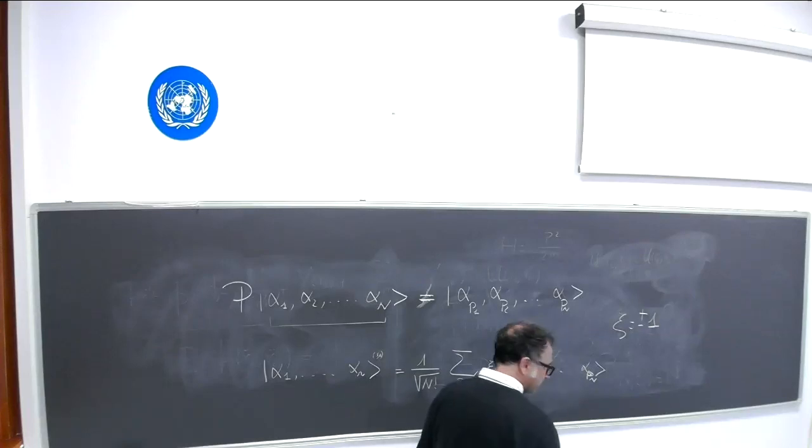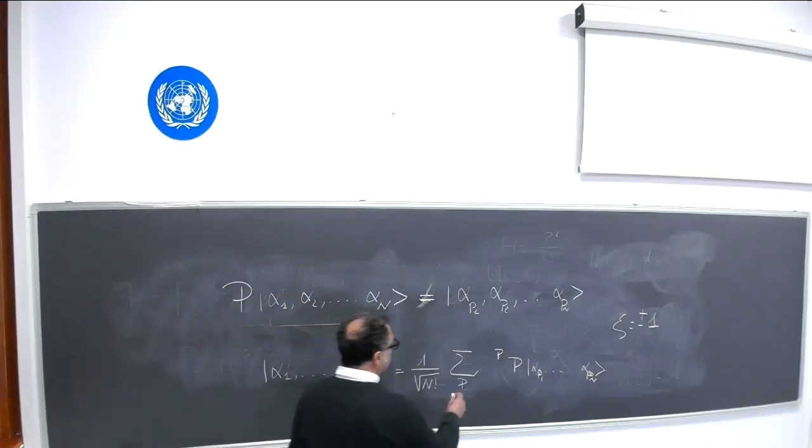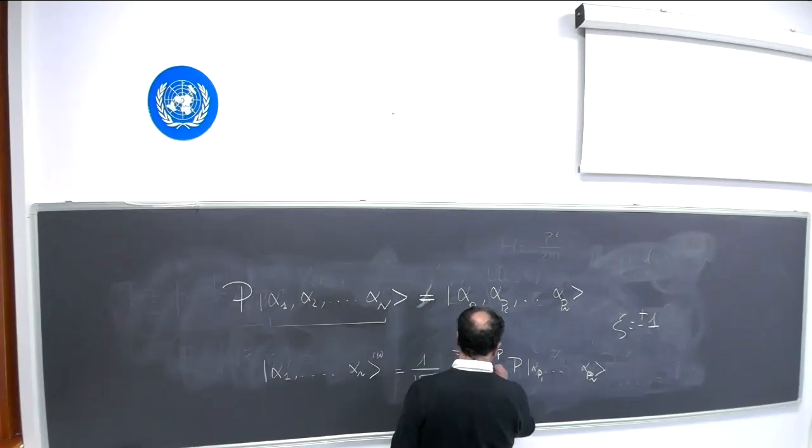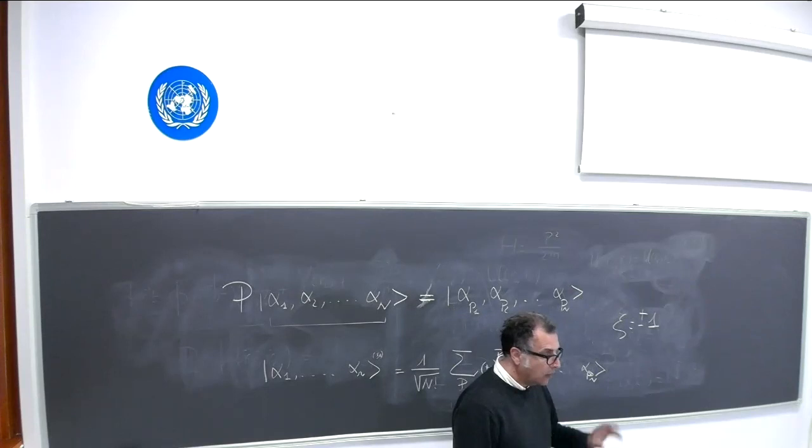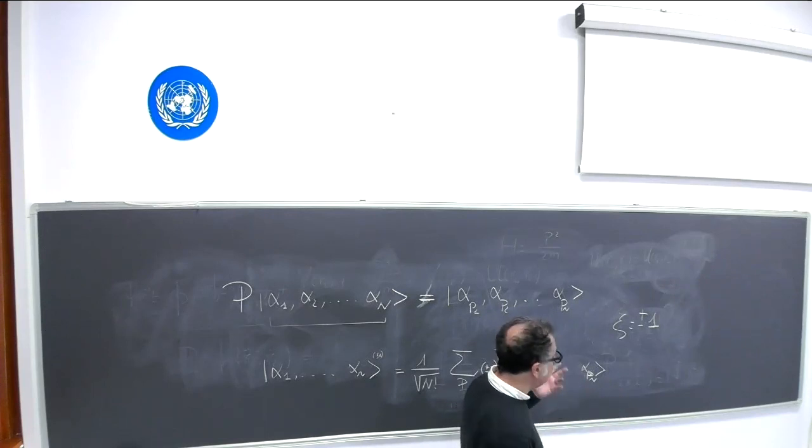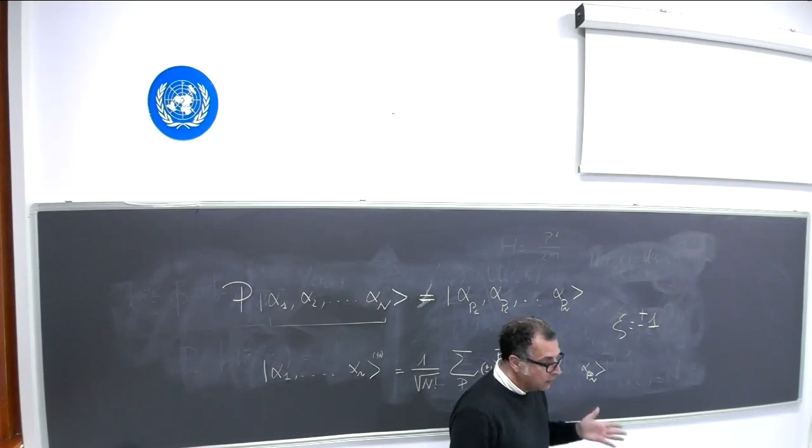Let me write it differently. This is (-1) to the power p, where p just counts the number of permutations that you need to bring it to some reference configuration of indices.